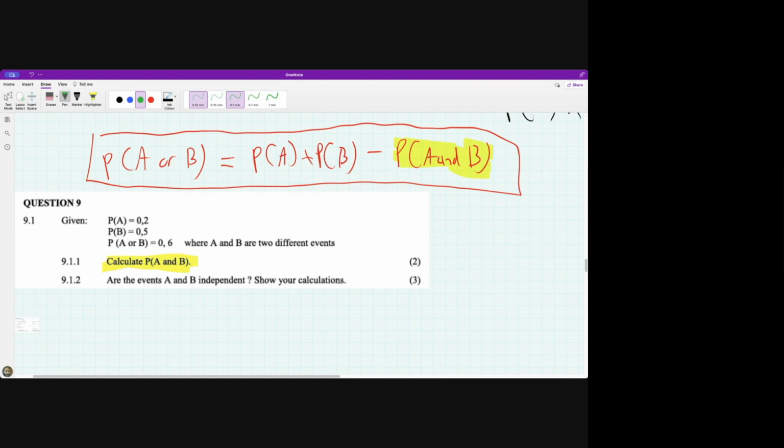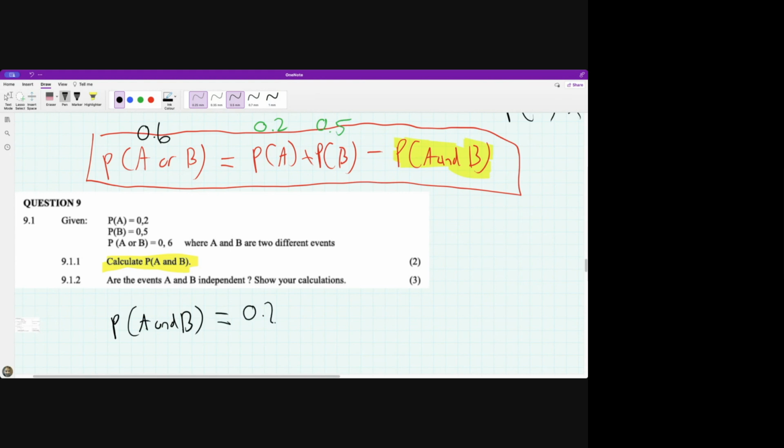Fantastic. Take these values and put them into the formula. So that's 0.2, that's 0.5, and this is the OR part, 0.6. Now, can you move things around? Well, I think I'm going to move the P of A and B to the one side.